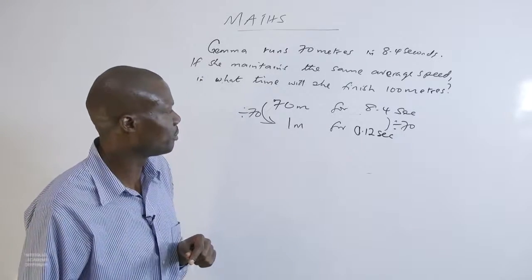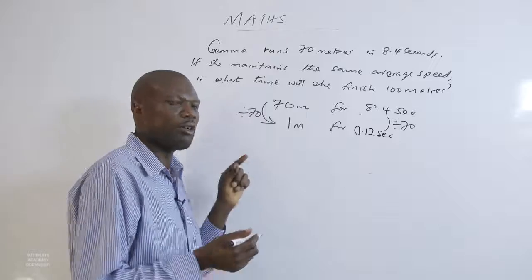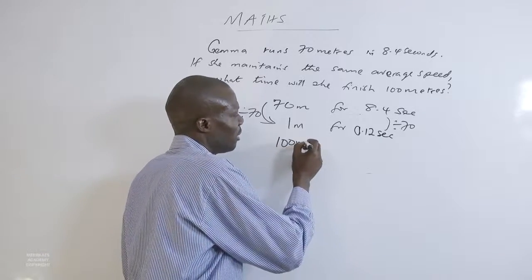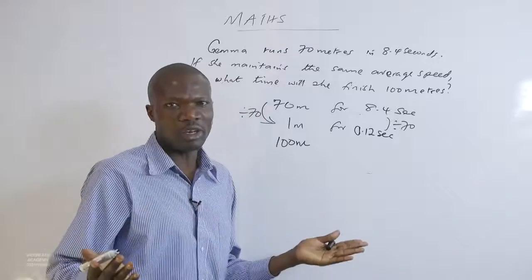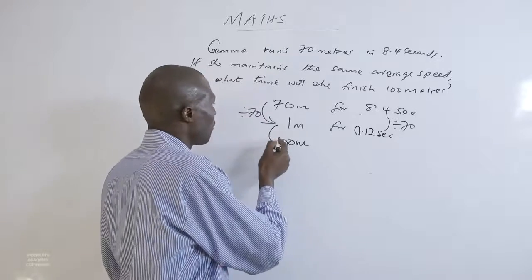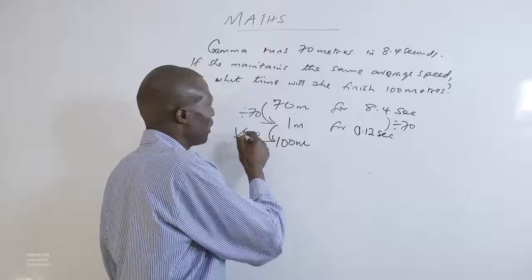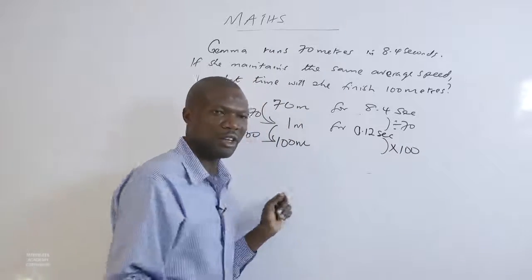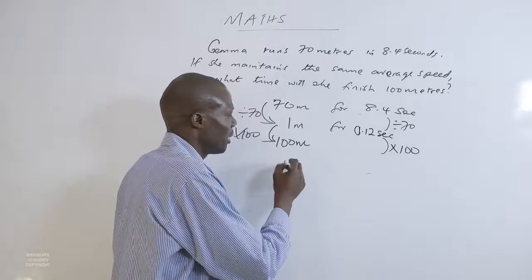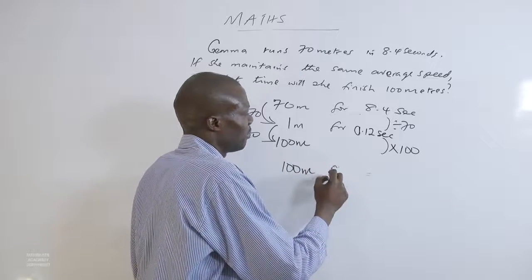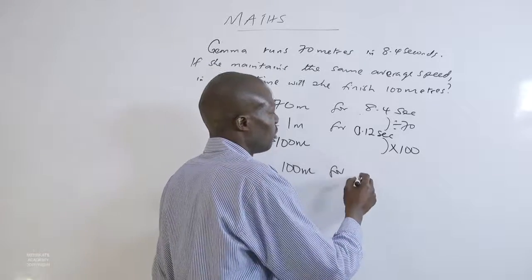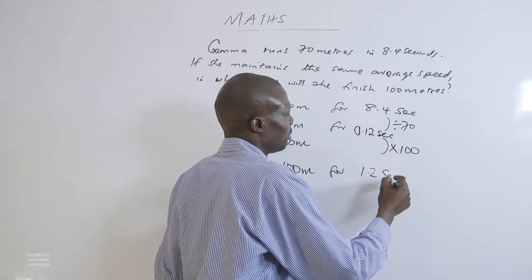Then now, how long would she take to cover 100 meters? How did you arrive at 100 meters? We simply multiplied here by 100. Therefore, multiply also here by 100. And you'll find that 100 meters will be covered in 12 seconds.